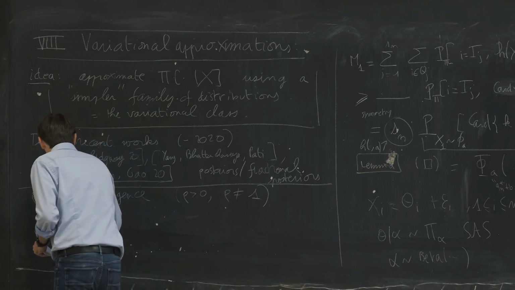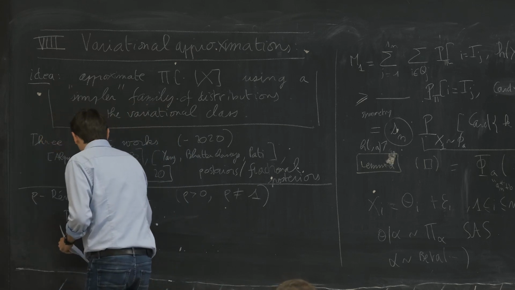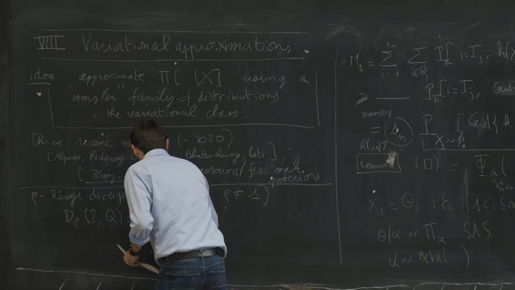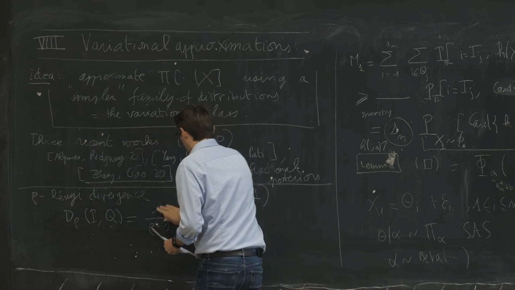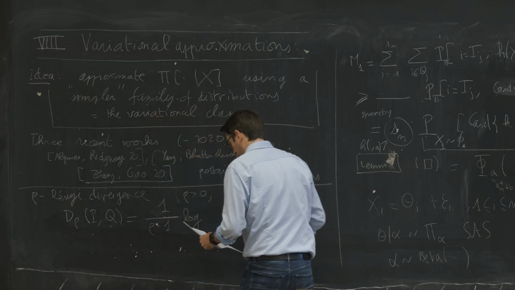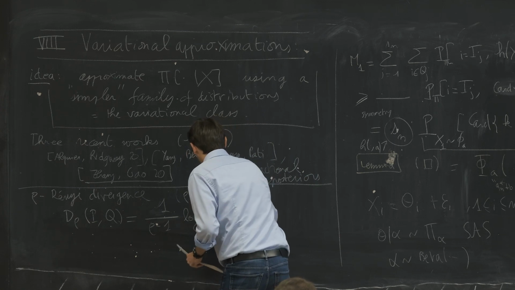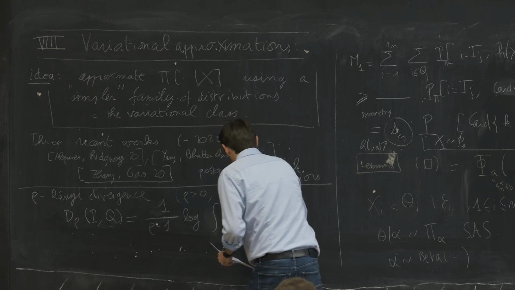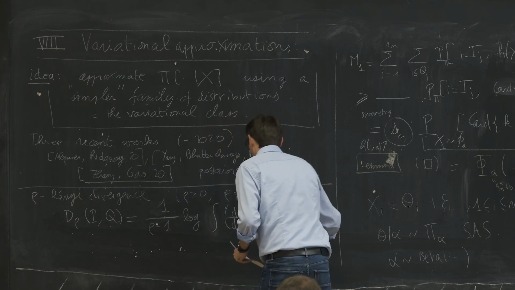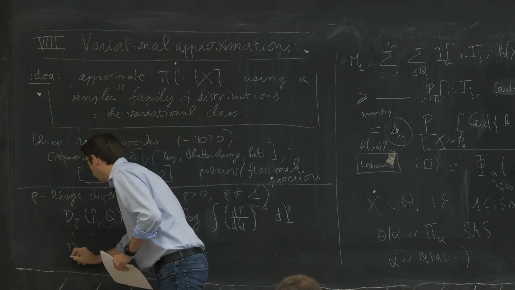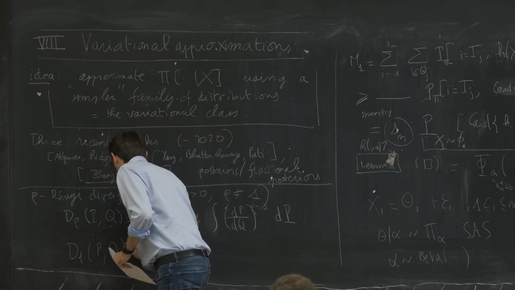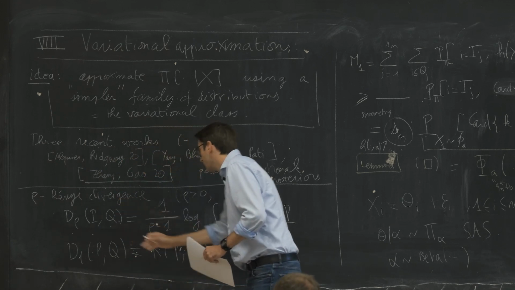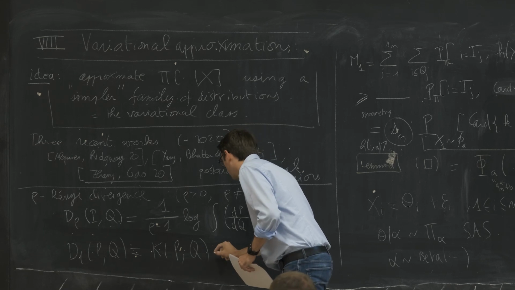So for rho different from 1, the Rényi divergence is, as we have seen already, with this log factor, 1 over rho minus 1 times the log of the integral of dP over dQ to the power rho minus 1, dP. And if rho is 1, we define it as the Kullback-Leibler divergence. In fact we can show that D_rho goes to D_1 as rho goes to 1.